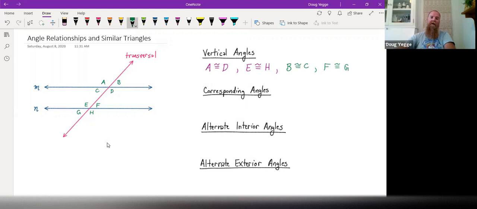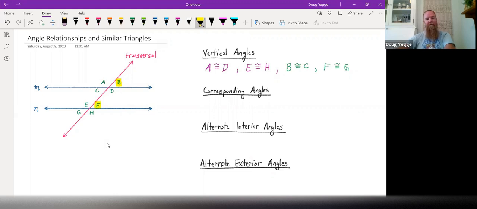Okay, so now we'd like to look at the fact that certain ones, these purple and the green, are in fact congruent to each other. So let's look at another situation here and recognize how we can tell where certain other angles are congruent to each other. Okay, so let's take a look at what we refer to as corresponding angles. Corresponding angles are angles that are in the same location based on their parallel lines.